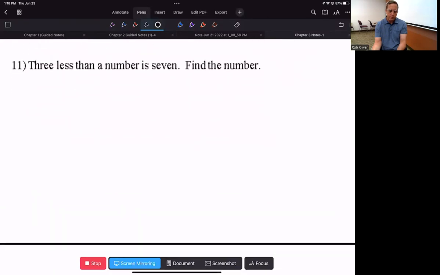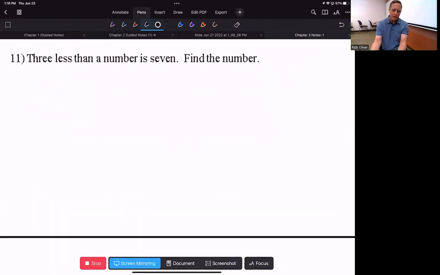All right, for number 11, we've got 3 less than a number is 11. So 3 less than a number. Oops, let me do this. I'm ahead of myself there. 3 less than a number. So what that means is the number is n minus 3.